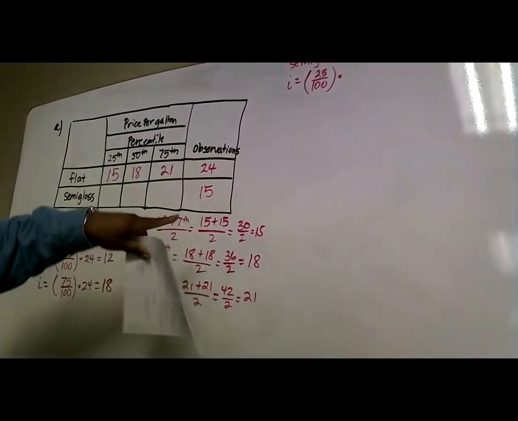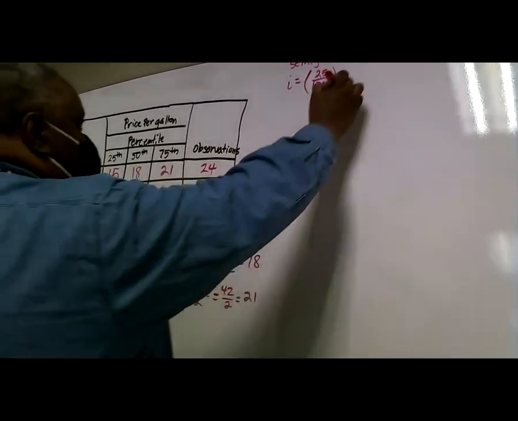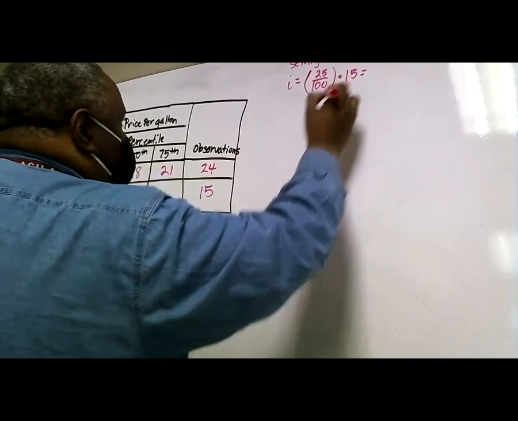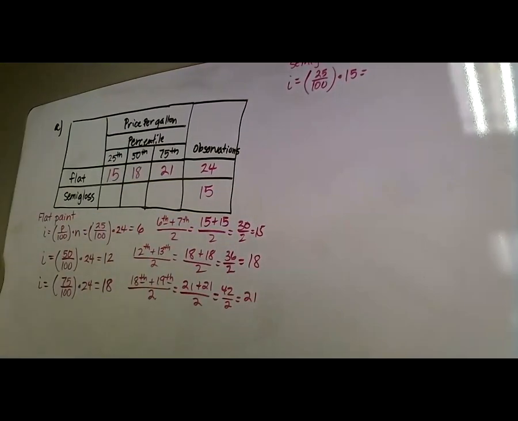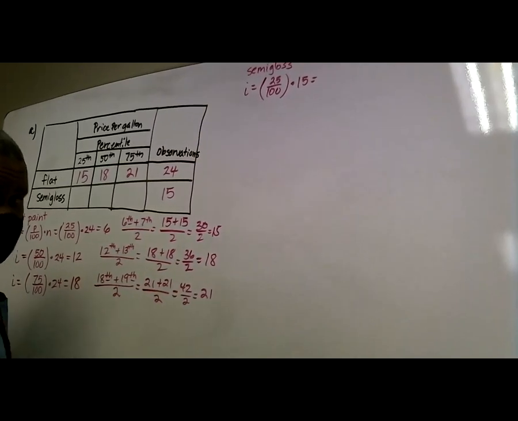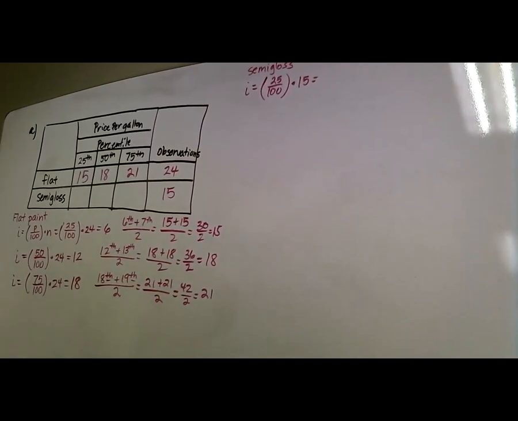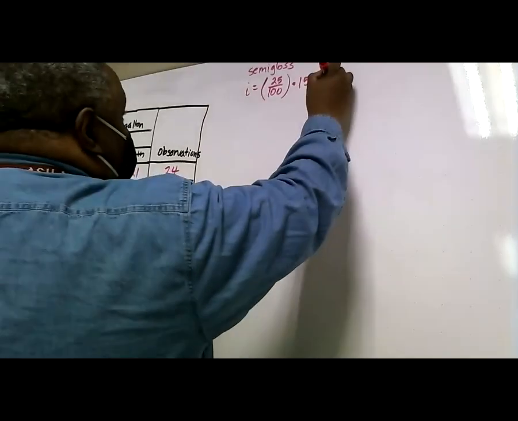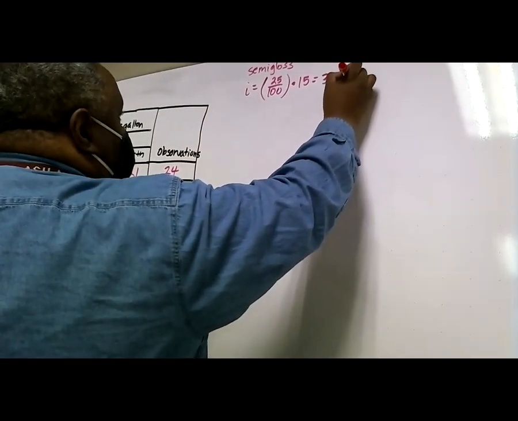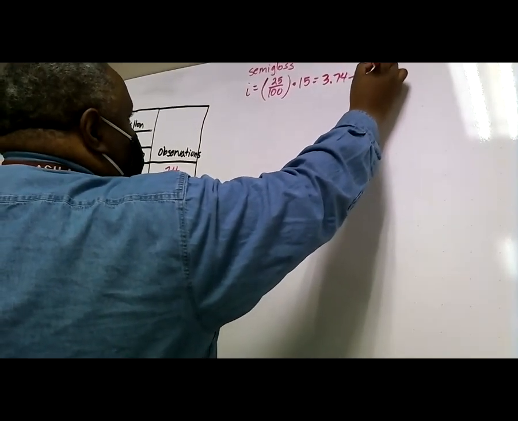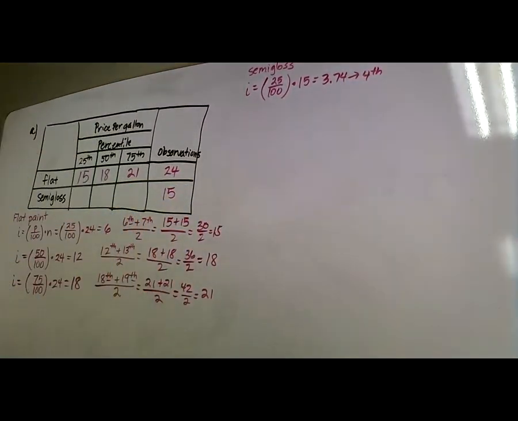How many? Well, the number of observations for semi-gloss is 15. So what's 25 divided by 100 times 15? Okay, 3.75, which rounds up to 4. So we're looking for the 4th number that's in that data set.